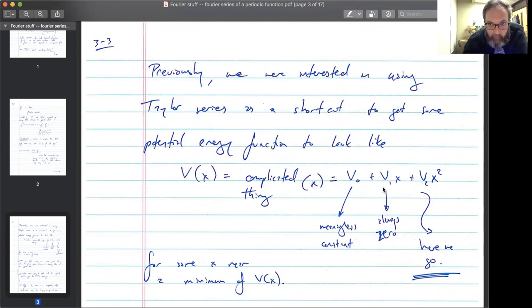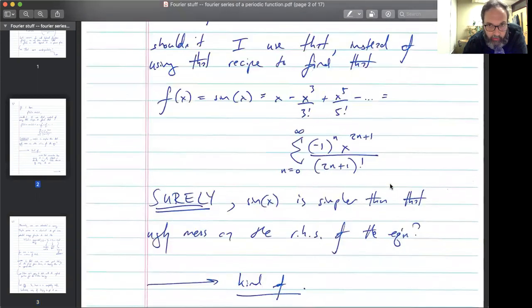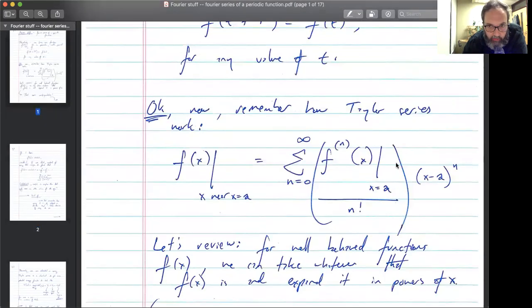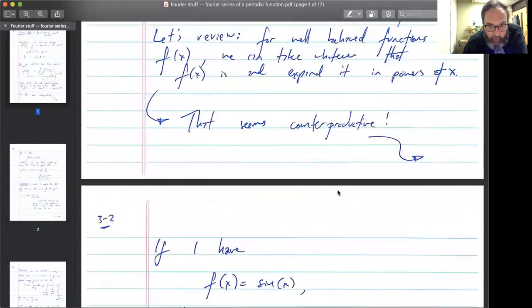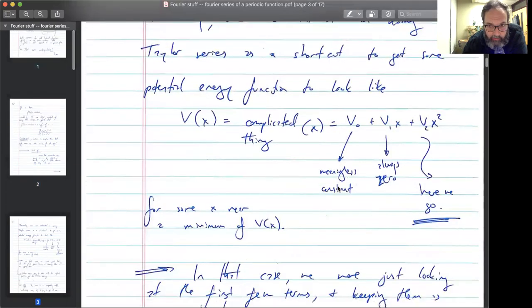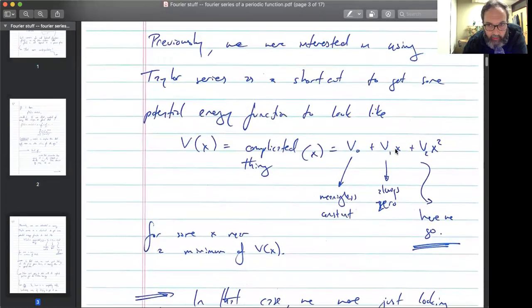But V of x is equal to V naught plus V1 of x, and this has to be 0 if x is near the minimum or a minimum of V of x. So this V1 x term will always be 0. We can calculate V1 using that Taylor expansion method, which is here, right? So I could calculate that V1, and it better come out to be 0. Otherwise, it'd have a constant force, right?